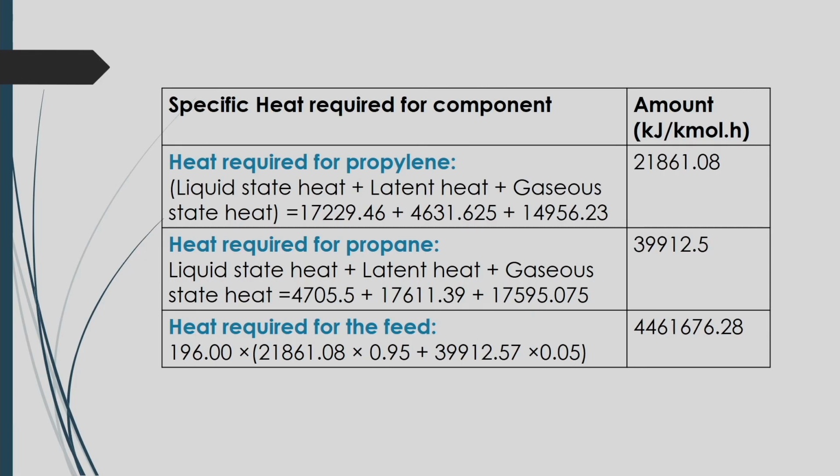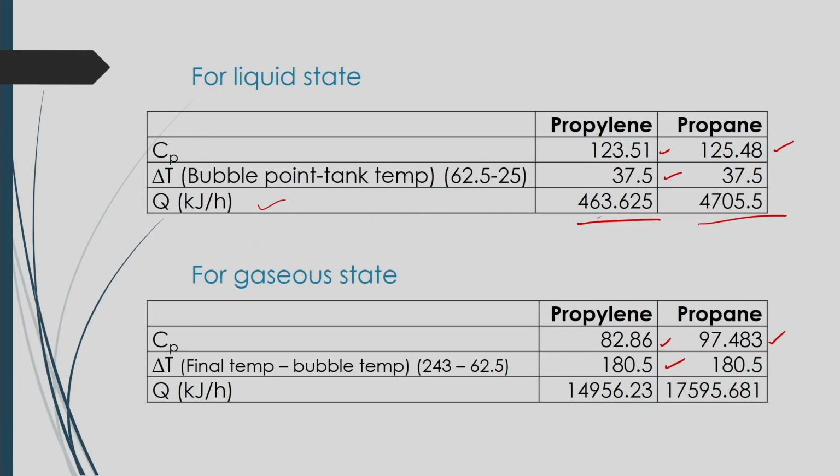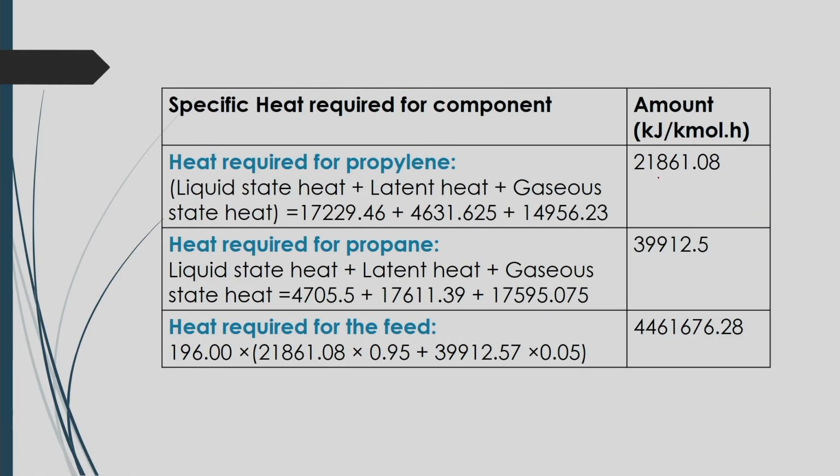At the liquid-gas transition point, the heat required is the latent heat, and again in the gaseous stage there is the enthalpy change for the temperature change of the gaseous stage. So, for the heat required for the propylene, after summing up all of those, we can say that it will be a total amount of 21861.08 kilojoule per kilomole per hour.